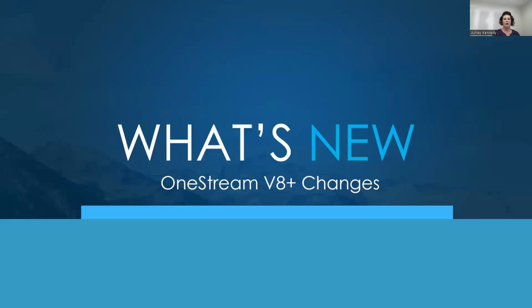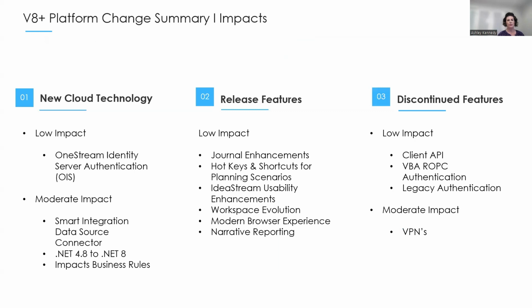So first, let's begin by talking about what's new and what's changing with version 8. And Dave from OneStream is going to walk us through those details. All right, great, Shauna. So we use the term V8 Plus as a reference to the upgrade of customers who are on OneStream platform prior to version 8, who are upgrading to a OneStream platform of version 8 or higher.